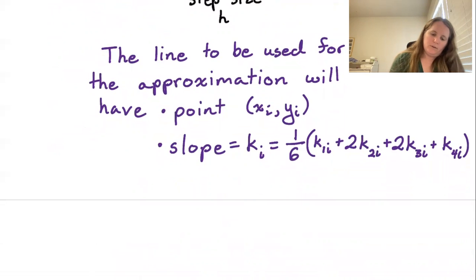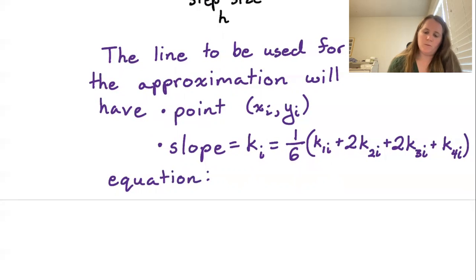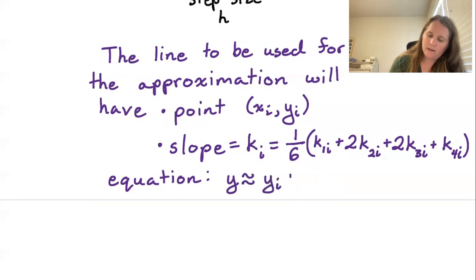And so we have the equation y is approximately yi plus our step size. Well, we'll start off with our slope ki times x minus xi.